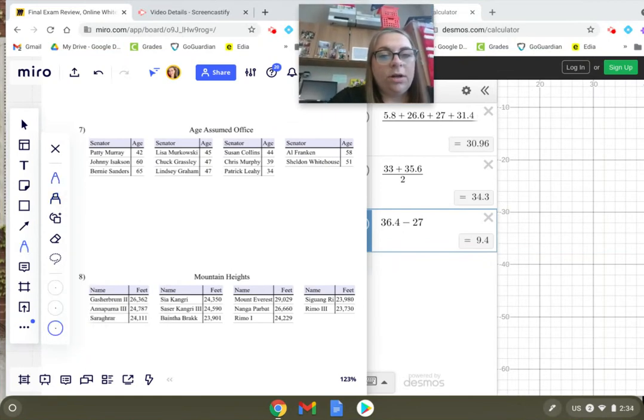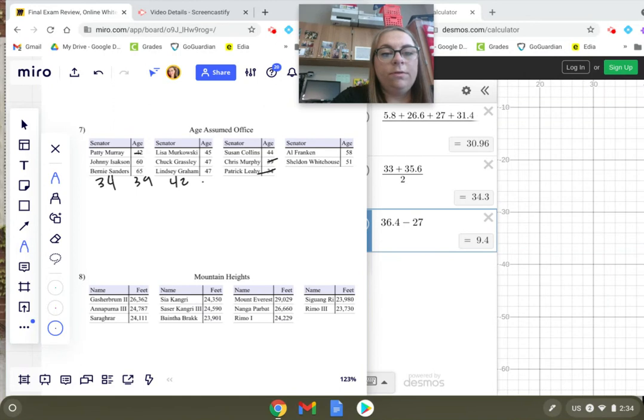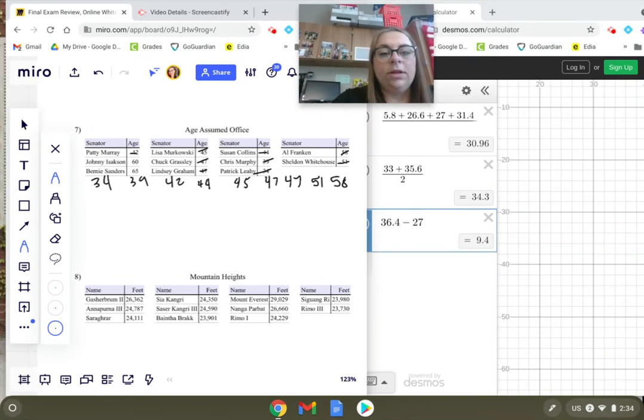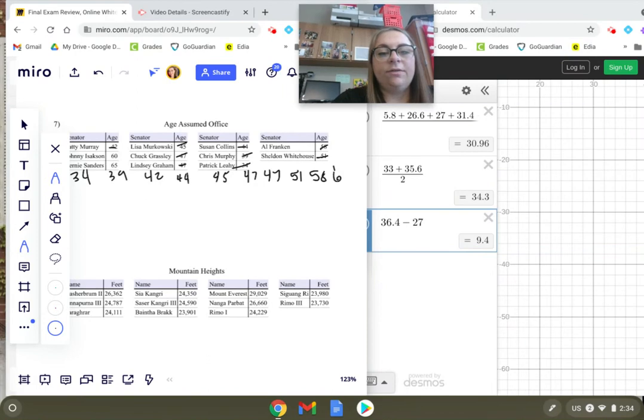So my smallest number here is 34, then 39. After 39, I've got 42, 44, 45, 47 twice. After 47, I've got 51, 58, and then 60 and 65.